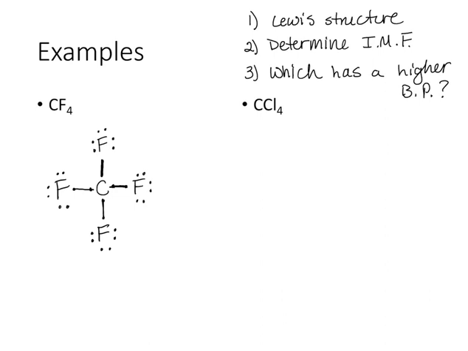Okay, let's draw the Lewis structure for carbon tetrachloride. Which atom would go in the center? Carbon. And how many valence electrons does chlorine have?